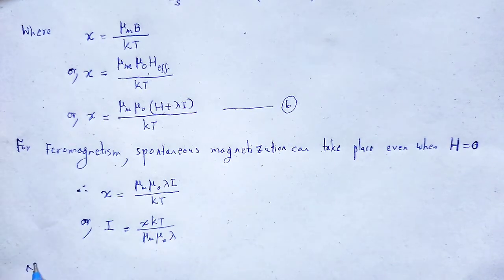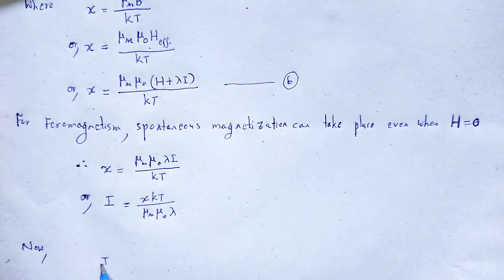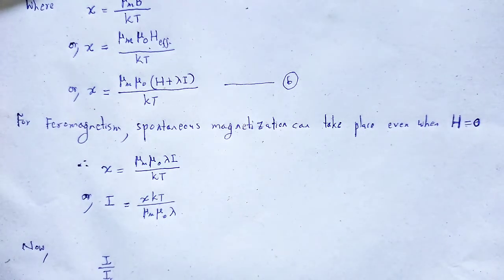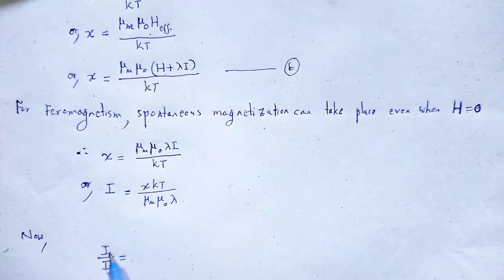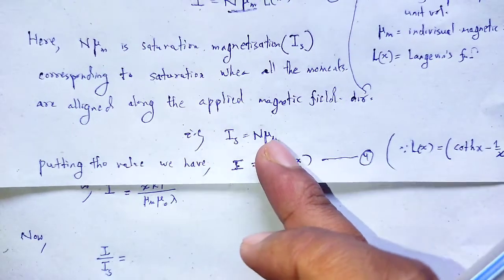Now, we can obtain I divided by Is. For Is, let us introduce n into mu m.